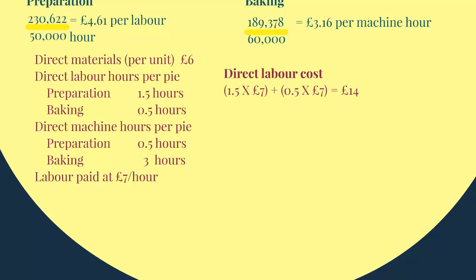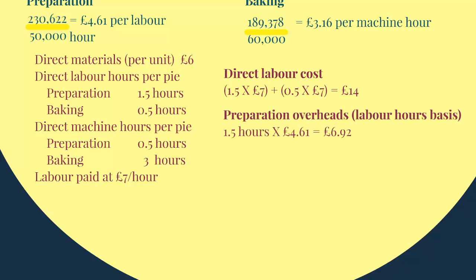So the direct labour cost would be 1.5 preparation hours times £7 an hour, which gives us £10.50, and £14 as the total if we also apply that £3.50 that comes from the 0.5 hours times £7 for baking.